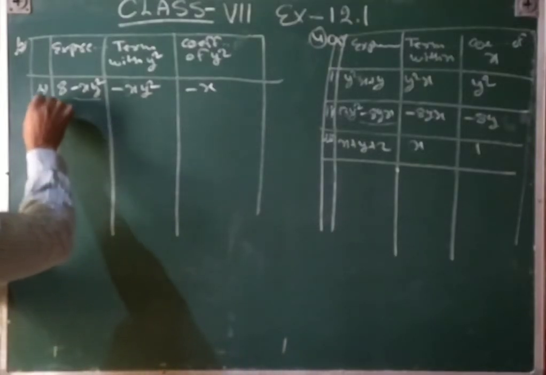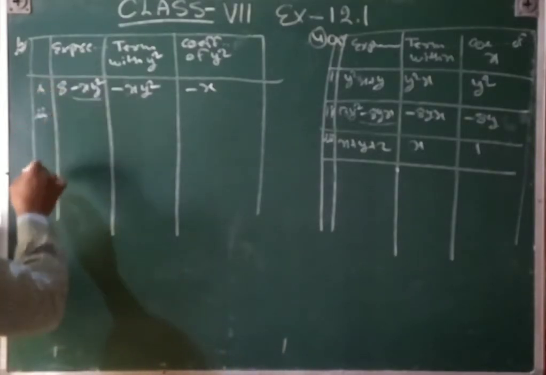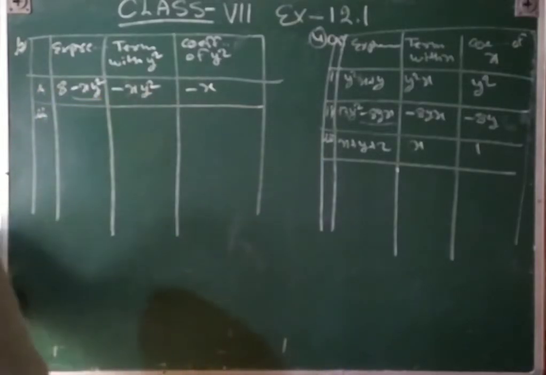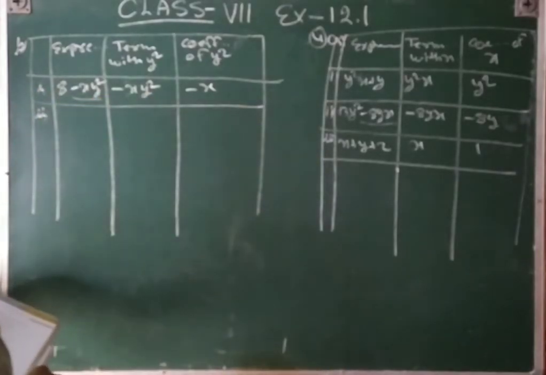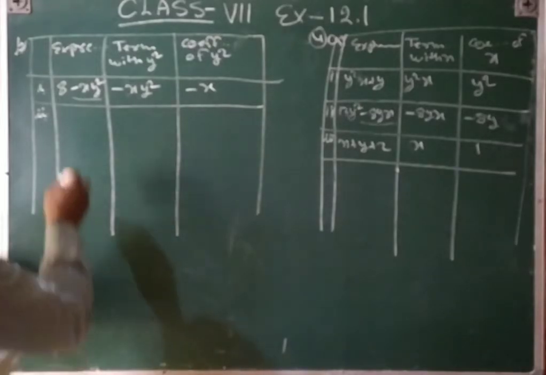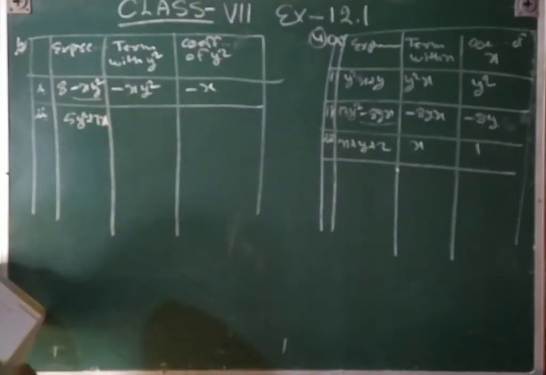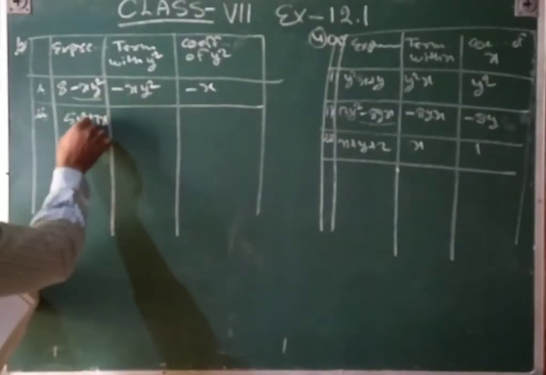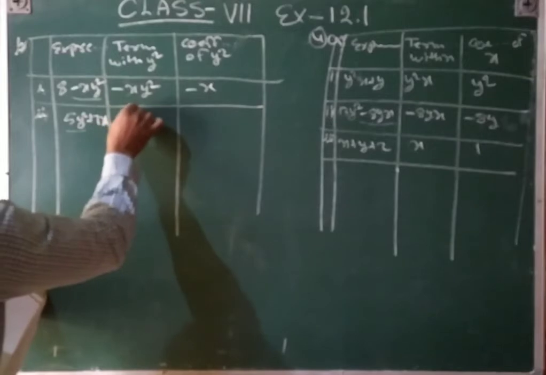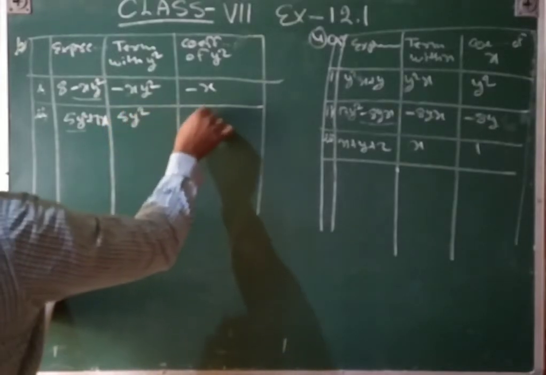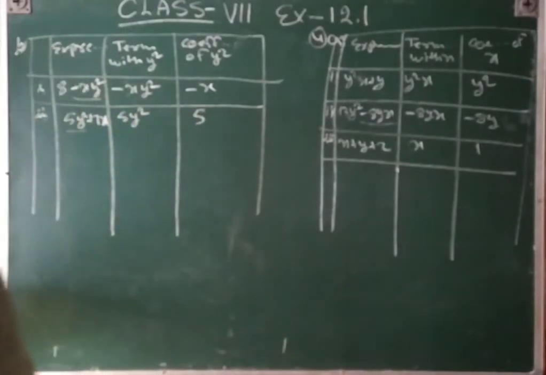Second part of this is 5y square plus 7x. So y square with this one, so 5y square, so 5 is the coefficient.